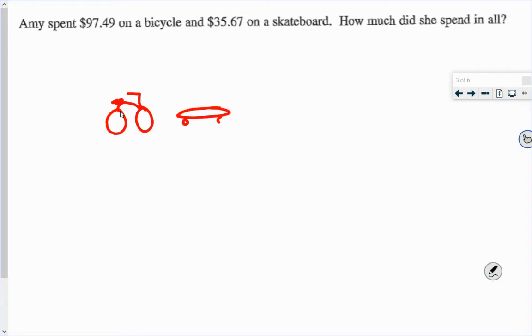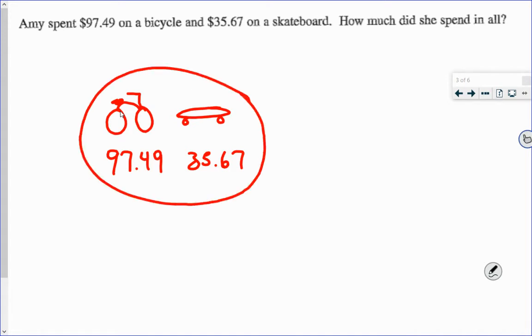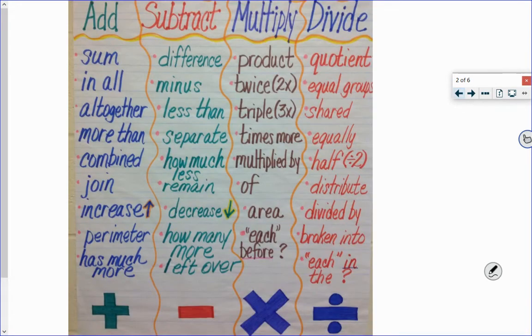All right, now, how much was the bike? The bike was $97.49. How much was the skateboard? $35.67. How much did she spend in all? All means everything. Okay? Key word there is in all. Those are the key words. So, in all means, if we go back to the screen before, in all means to add.